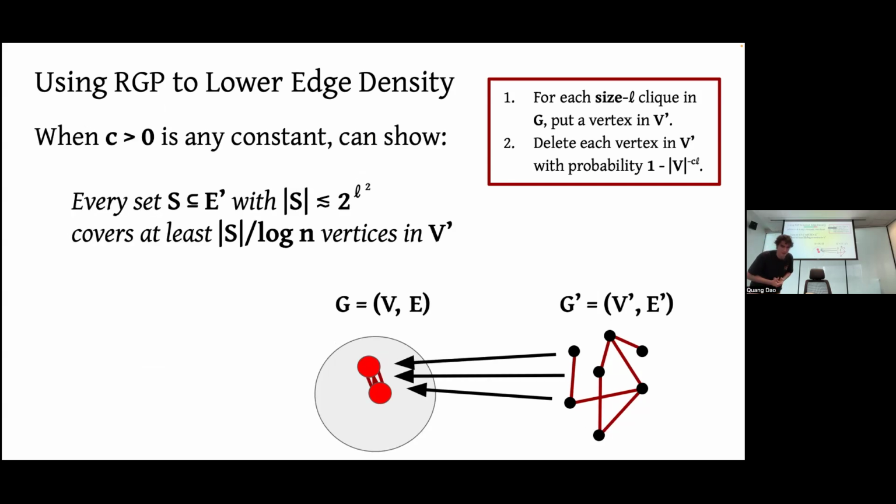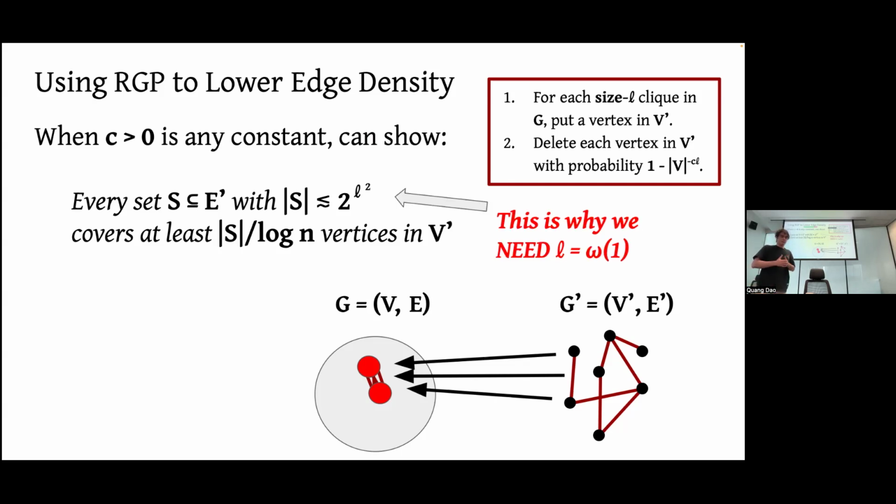Now we can use these observations together to show that for any set S, a subset of the new edge set, small enough, it will have to cover at least the size of the set divided by log n vertices. Roughly speaking, this says that any small enough set of edges in G prime can't collect on just a small number of vertices. It has to be almost completely spread out with respect to the vertices. It's a slightly different way of looking at expansion. We need to look at the edges first and then the number of vertices that they cover.